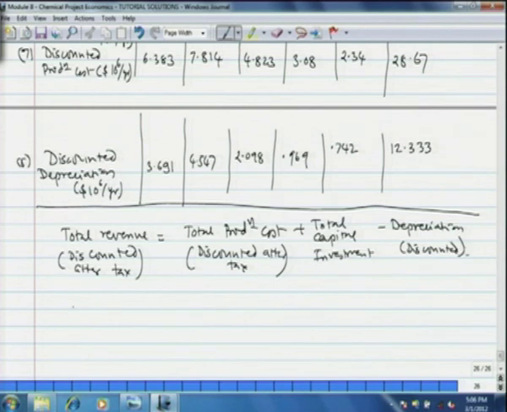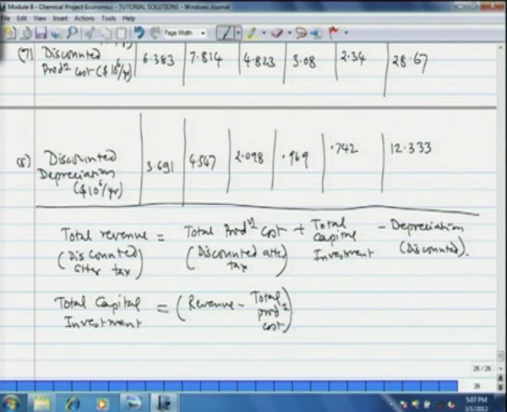You can write in other way, total capital investment should be equal to revenue minus total production cost, not including depreciation.